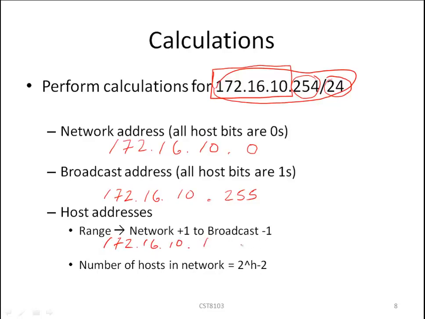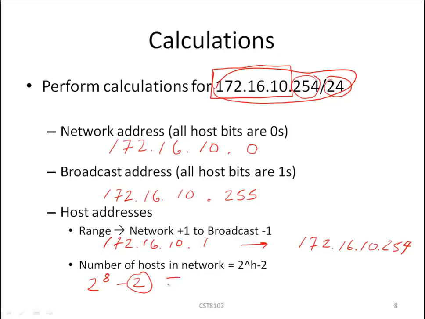The range, so we know it's 172.16.10.1 to the broadcast, which is 172.16.10.254. And number of hosts in the network is 2 to the 8 minus 2. Again, minus 2, because the first and last address are special addresses. One for the network and the other for the broadcast.